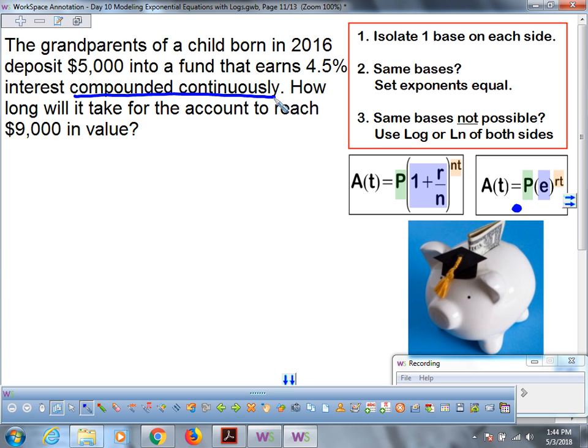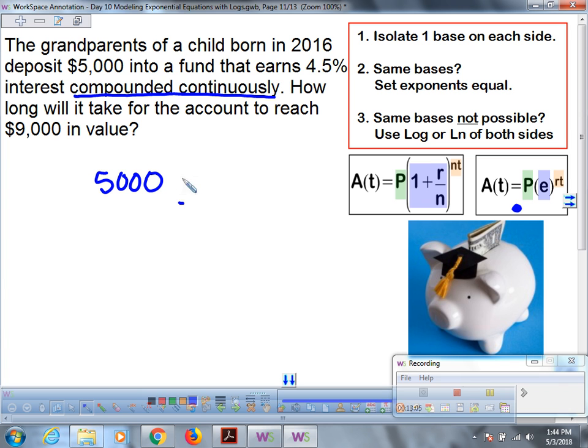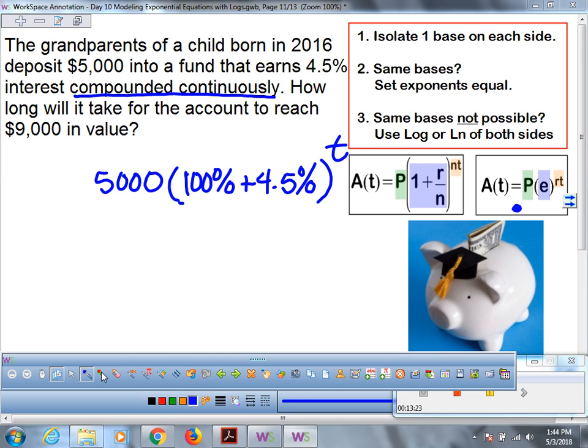Going to use E. The grandparents of a child born in 2016 deposit $5,000 into a fund that earns 100% plus 4.5% interest continuously. As soon as I see the word continuously, I'm going to change this portion right here to E. Actually, let me back up on that.